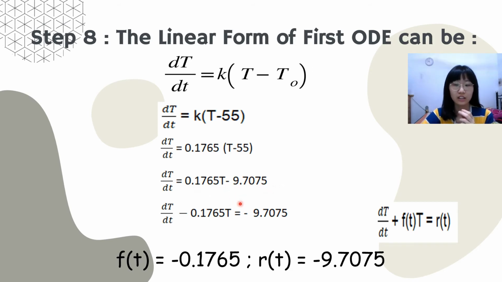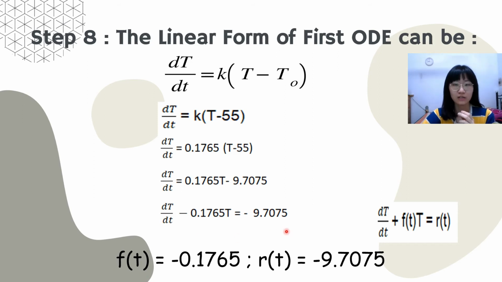Then we rearrange it into the linear form of the first order ODE, dy over dx plus f(x)y equals r(x). So we get dT over dt minus 0.1765T equals 9.7075.